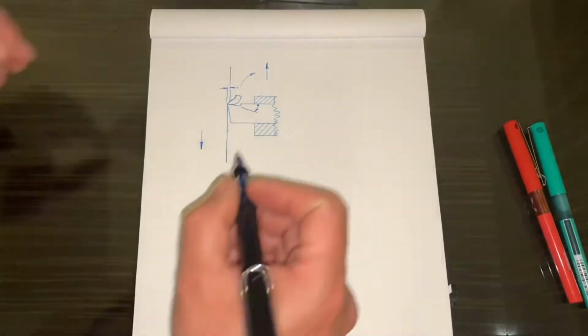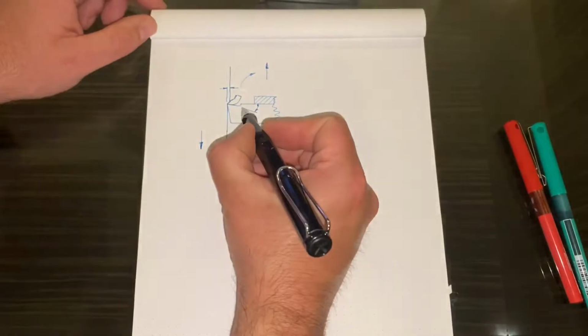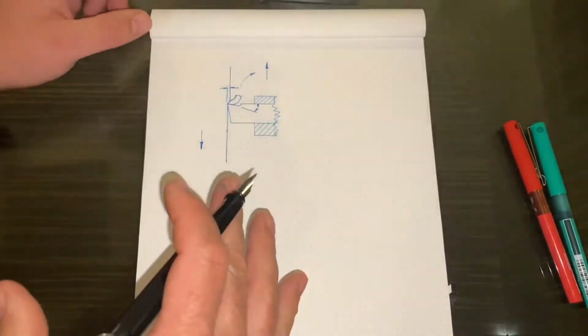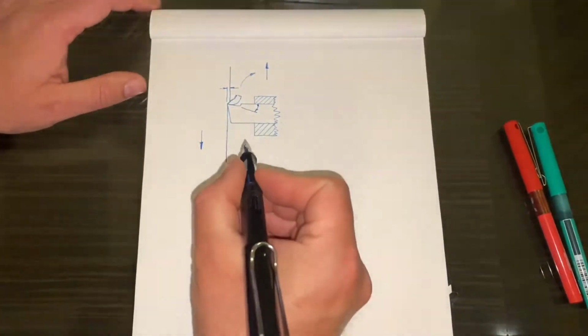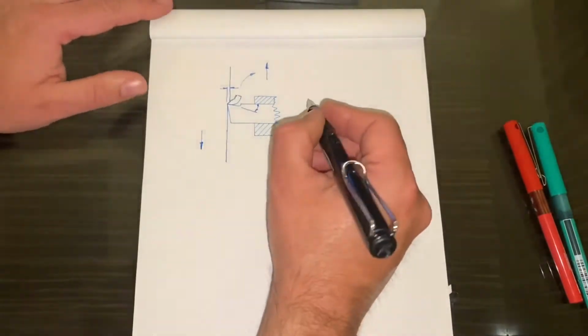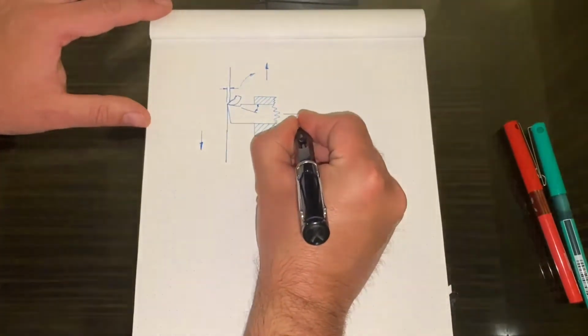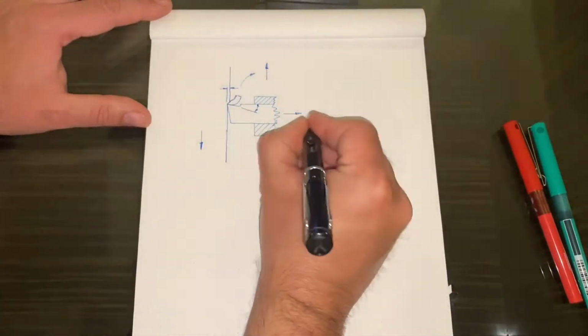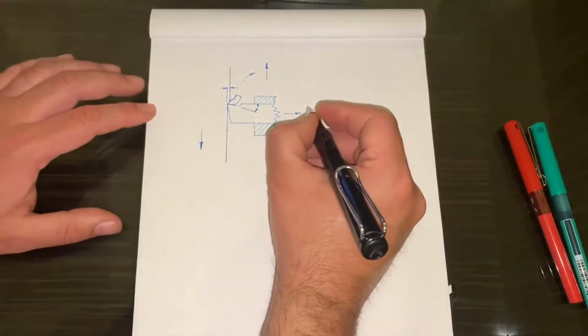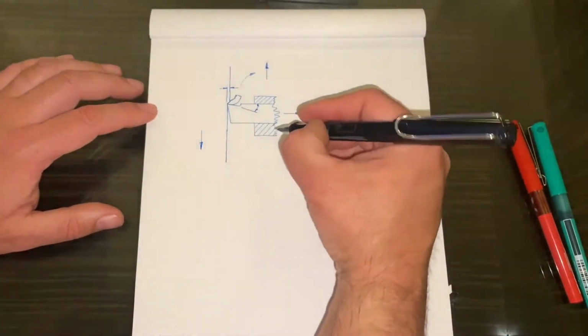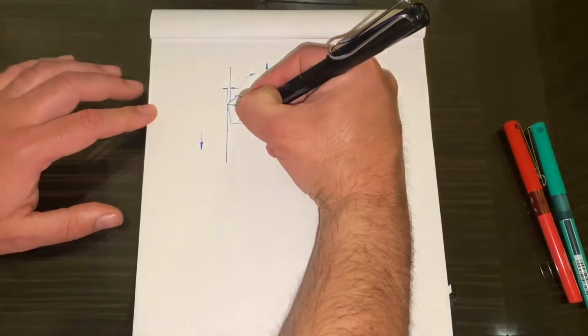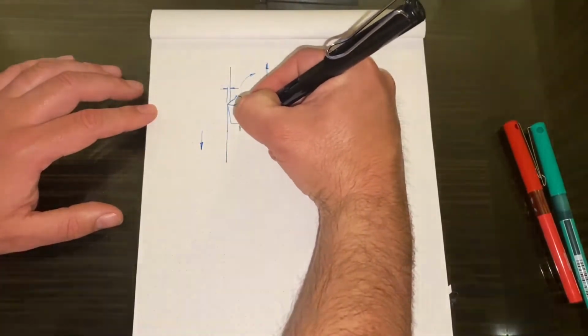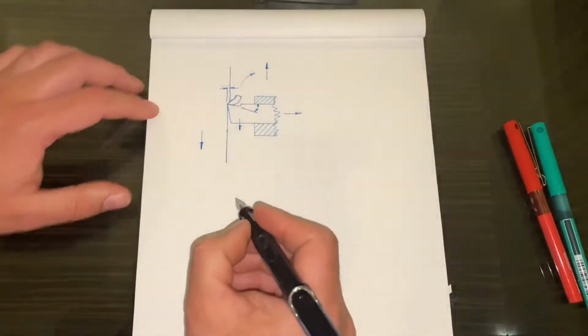Now, as this chip is formed, there are two reaction forces that will be experienced by the tool. So there'll be a reaction force that pushes the tool away from the work that way, and there'll also be a reaction force that pushes the tool downwards. So I'll just draw that there like that.